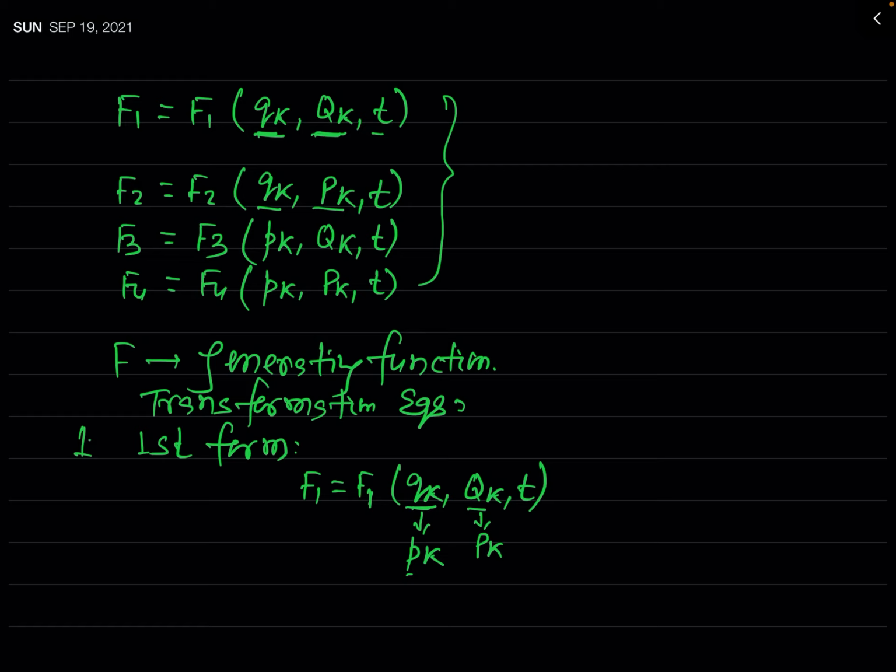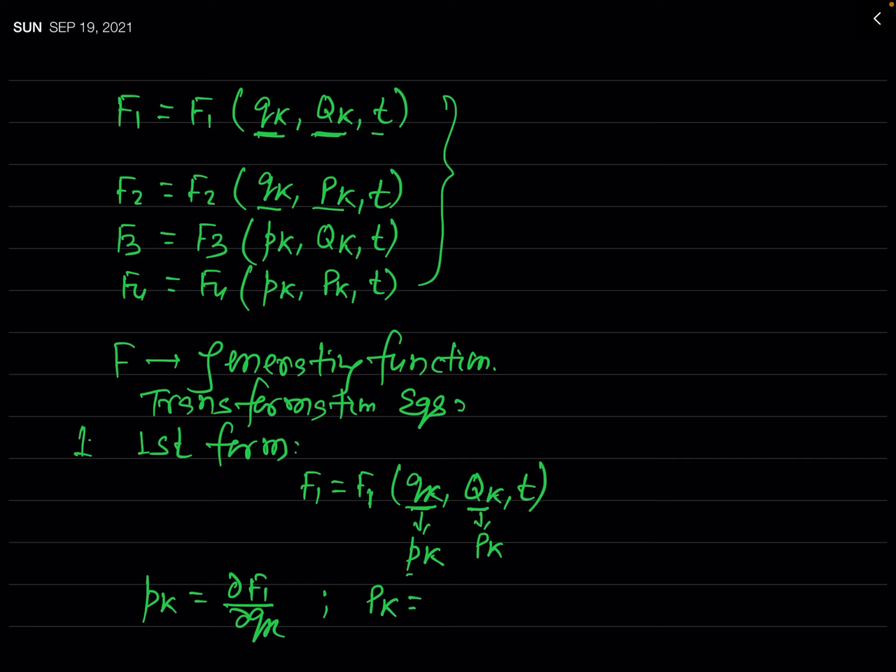So you can see, if the function is a function of qk, we have to find a small pk, and for getting the value of a small pk, you have to differentiate partially this f1 with respect to qk. So pk will be equal to del f1 by del qk, and the another transformation equation will be Pk.